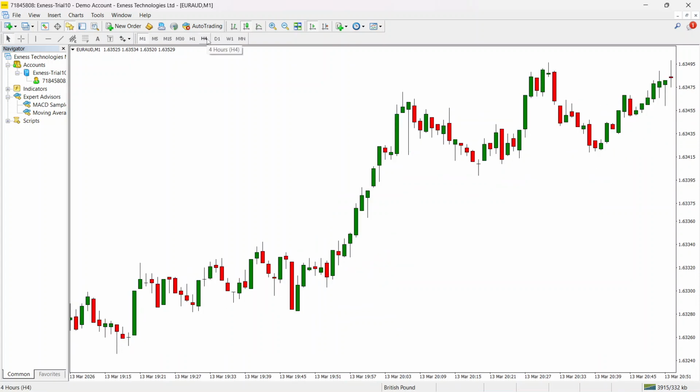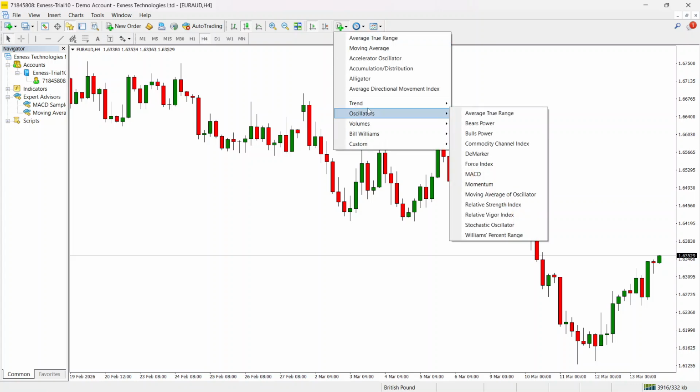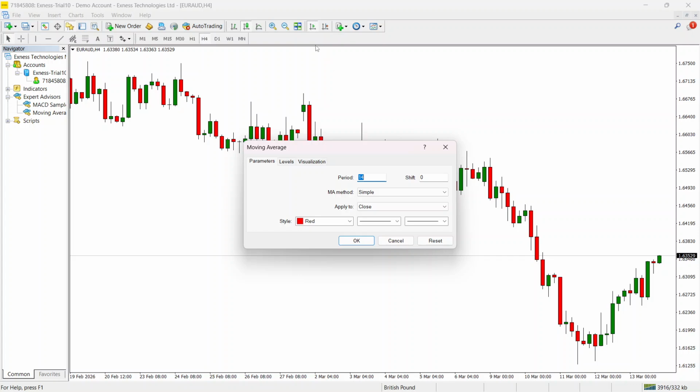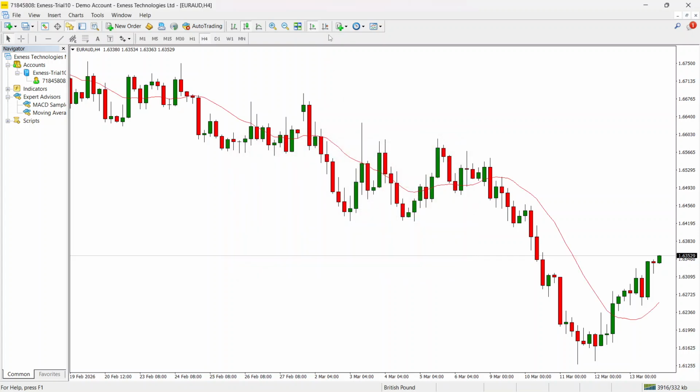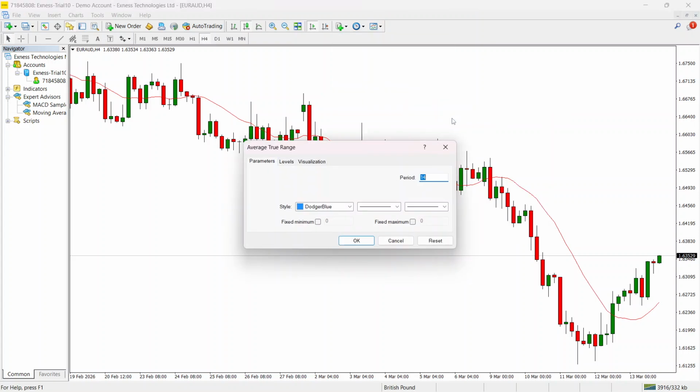Let's move on to the H4 time frame and load up our moving averages and average true range. Let's set that to 14. Let's load up our average true range for volatility.